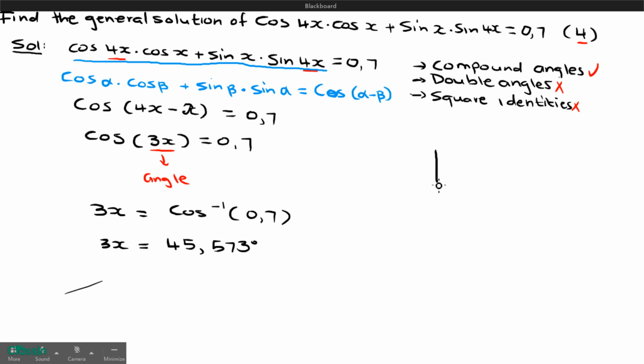Because this is an angle, if we draw a Cartesian plane we have to do the very same thing. We can simply say this is the same as plus k multiplied by 360.